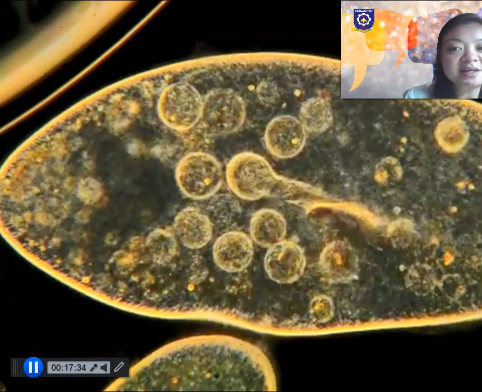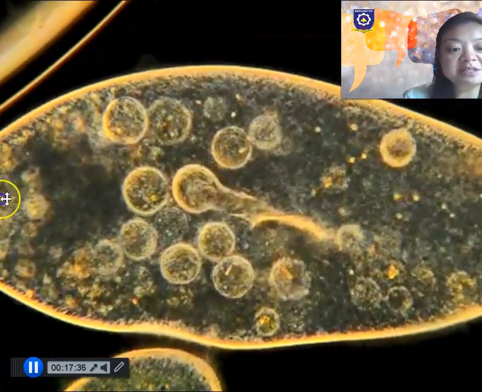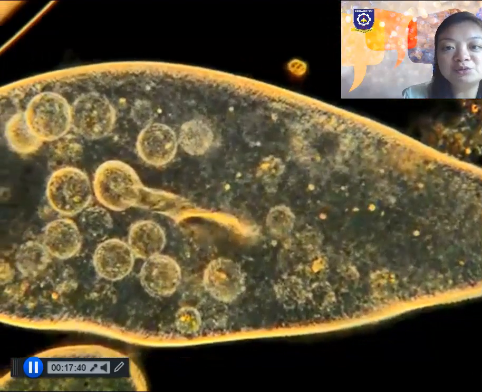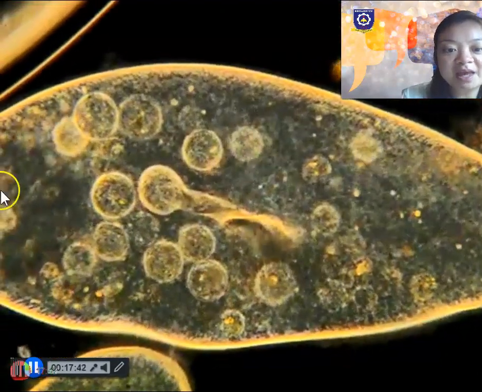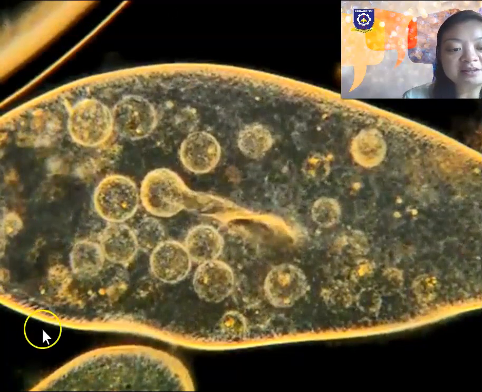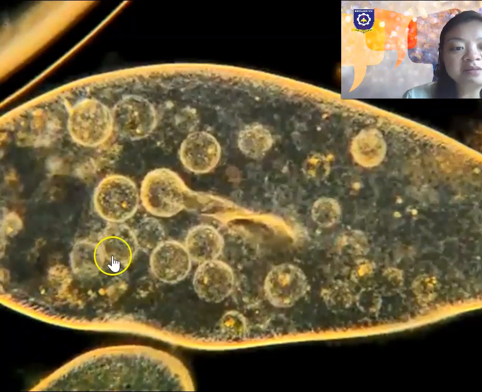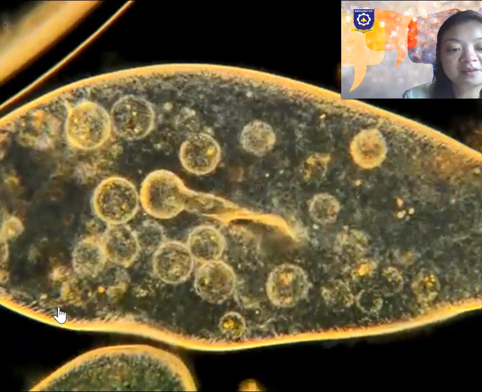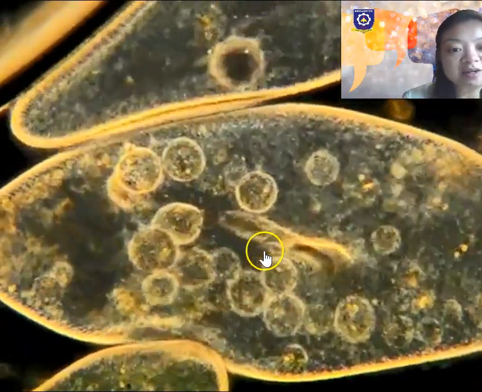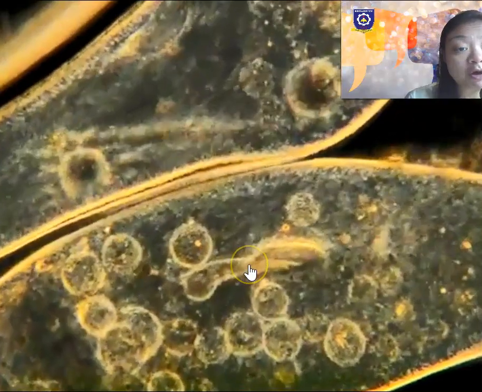So you can see that the paramecium is basically a unicellular organism, and you can definitely see many small little circles inside the paramecium, right? Okay, so these little circles that you see inside here are basically components of a cell.